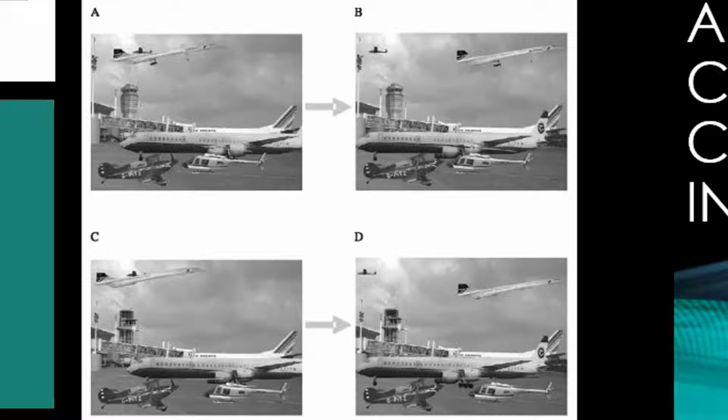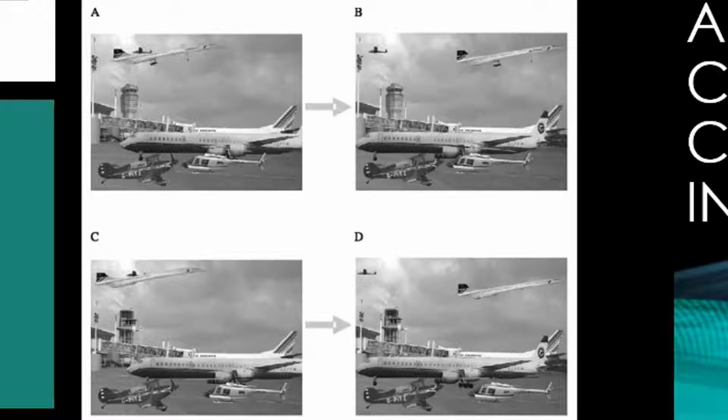Now, what the experimenters discovered was that when Americans looked at picture A and then picture B, they noticed changes in the central image. So they were very good at identifying the central idea and the central focus and changes that occurred there.